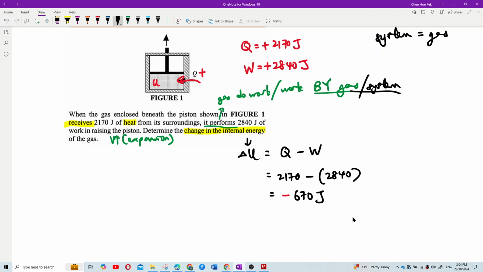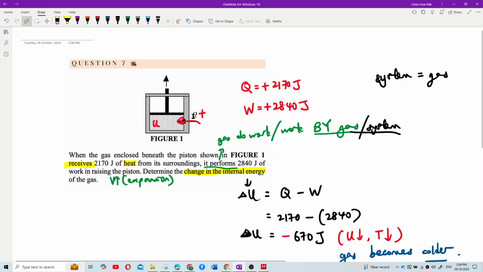Apa maksud, kelas? That means the gas becomes hot or becomes cold? Tell me, class. Delta U negative means internal energy decreases, temperature decreases. The gas becomes colder.